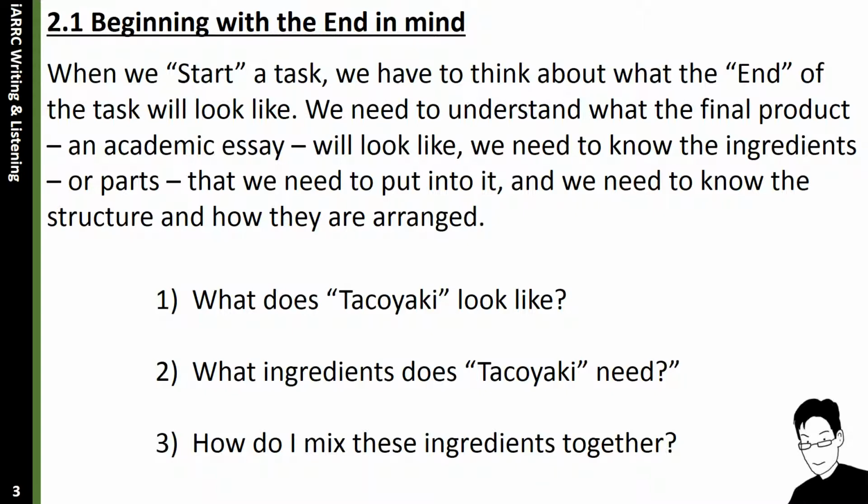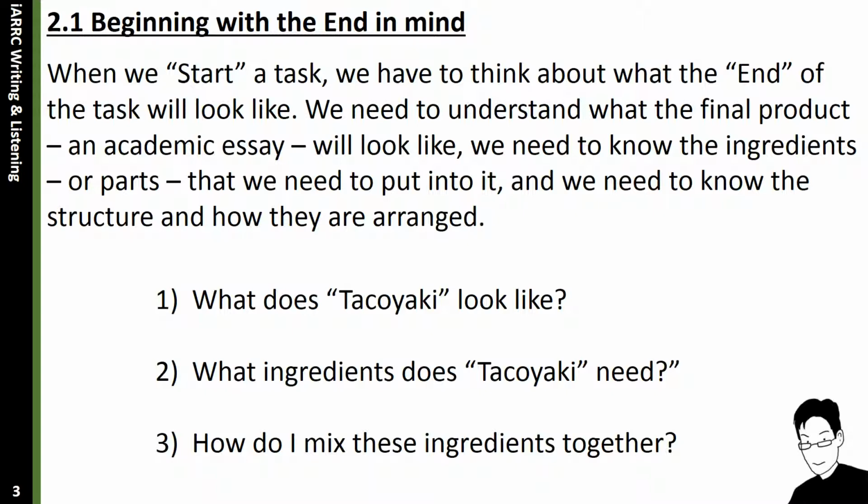For example, think about making takoyaki. What does takoyaki look like? Okay, I can imagine what takoyaki looks like. It's doughy, round balls with octopus inside. What ingredients does takoyaki need? Well, it needs octopus legs chopped up into small parts. It's made with batter.